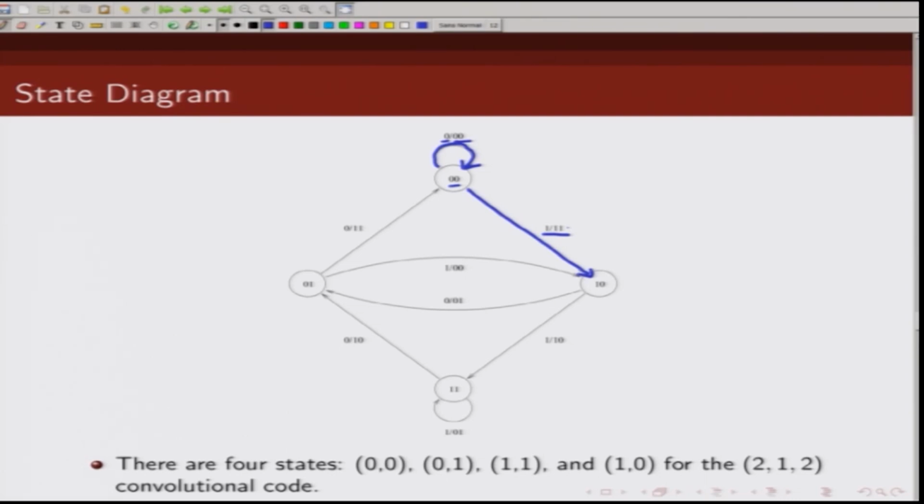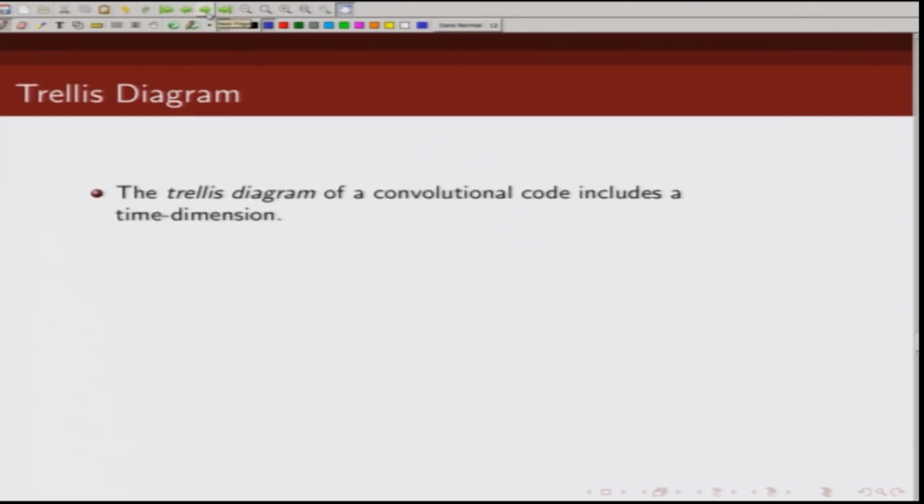I show by a directed graph transition from state 0 0 to state 1 0, and I am labeling this state transition by the corresponding input and output. So, 1 is the input, and after the slash I have the output. Similarly, you do it for all the states.